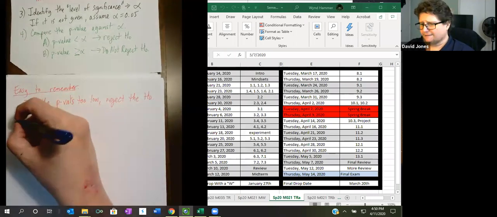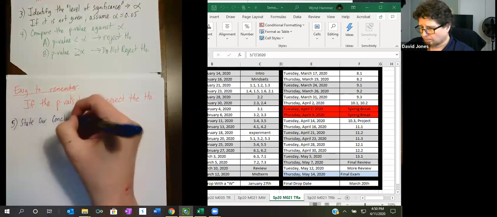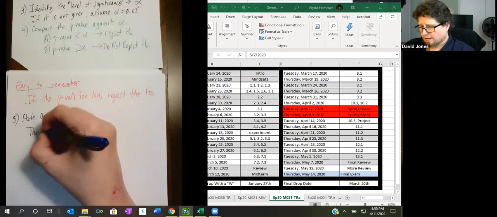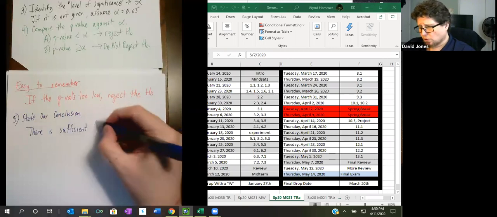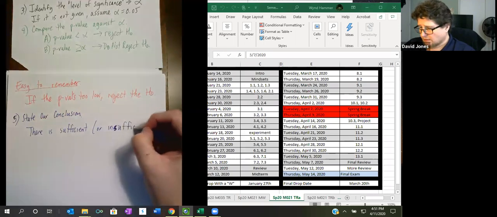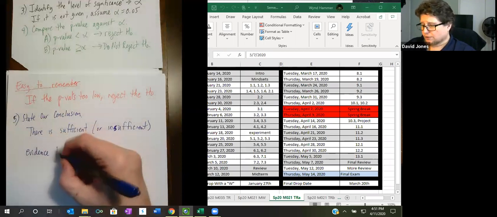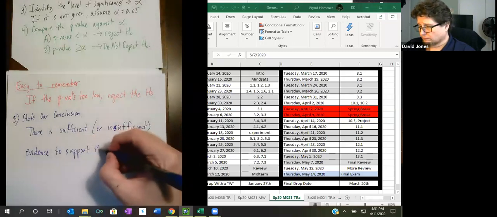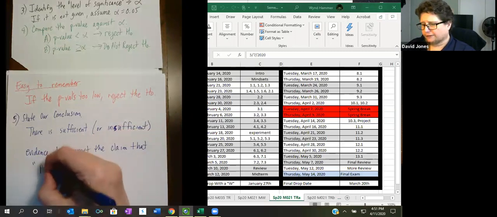And step 5, we state our conclusion. There is sufficient or insufficient evidence to support the claim, and again, paraphrase HA here.